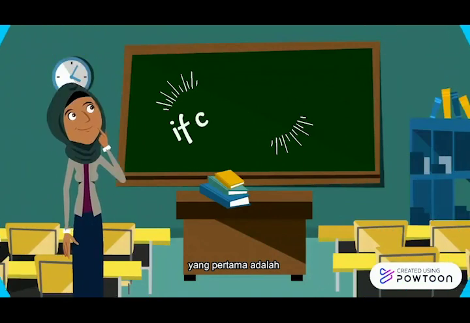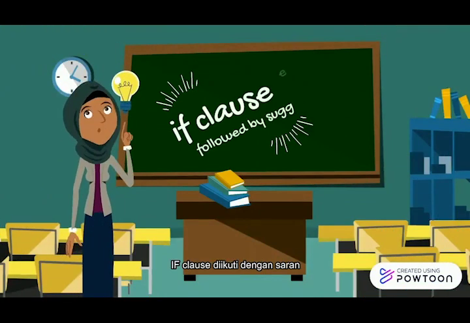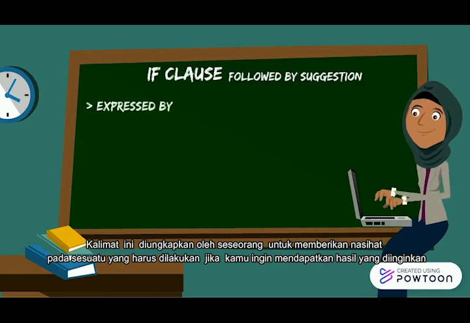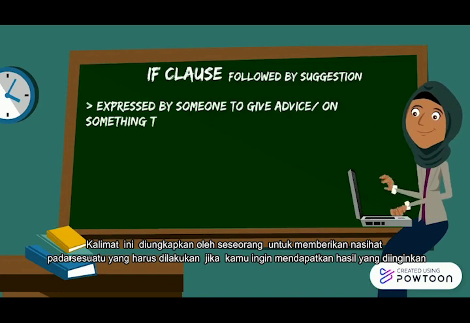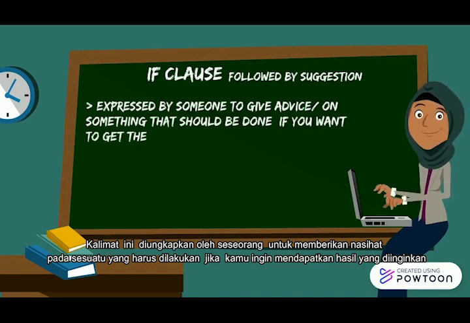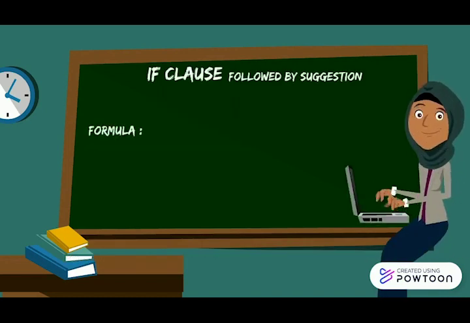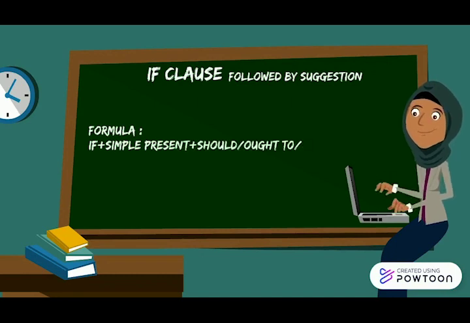The first one is if clause followed by suggestion. This conditional sentence is expressed by someone to give advice on something that should be done if you want to get the desired result. The formula is if plus simple present, should or ought to or had better plus simple present.